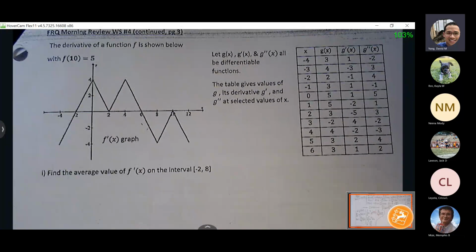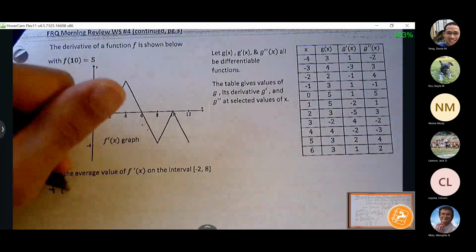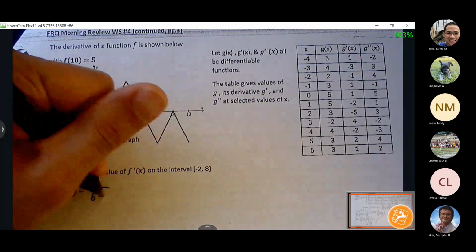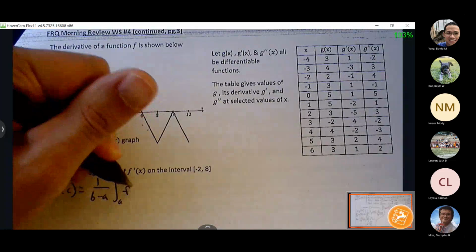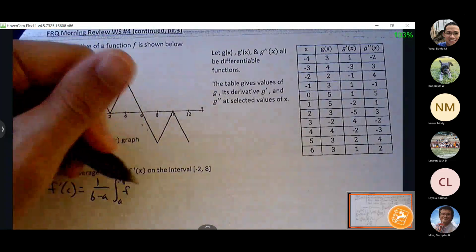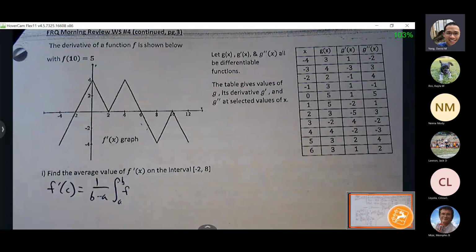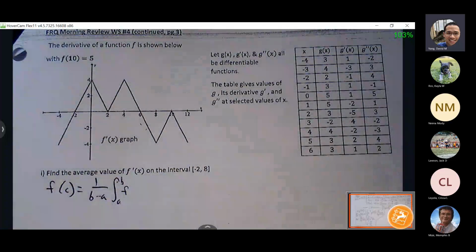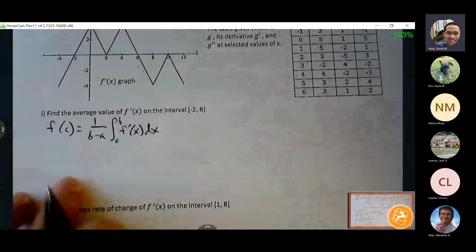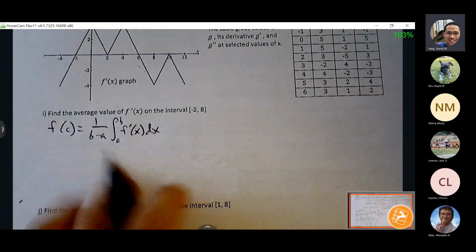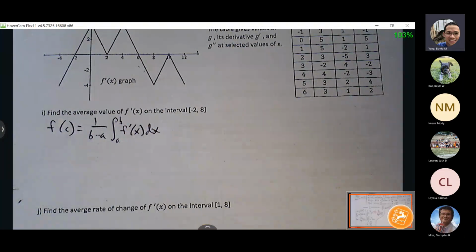Find the average value. So average value theorem. Sorry. Let me write out the original average value theorem and we can adapt it.